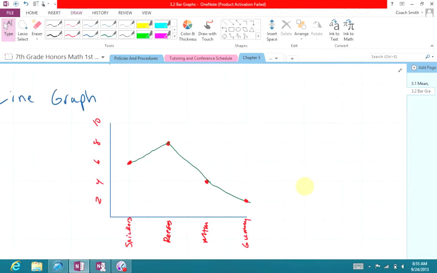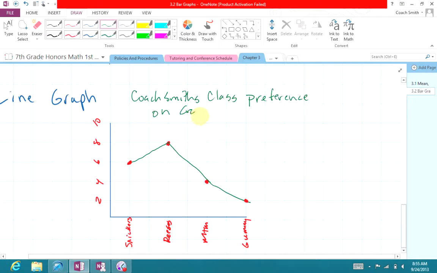And I'm going to put the title as Coach Smith's Class Preference on Candy. Okay? That would be a line graph.